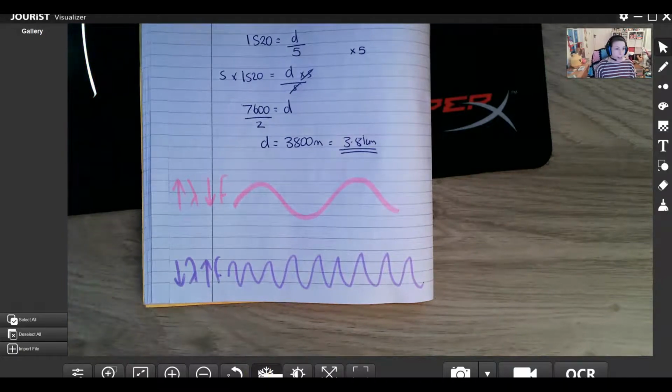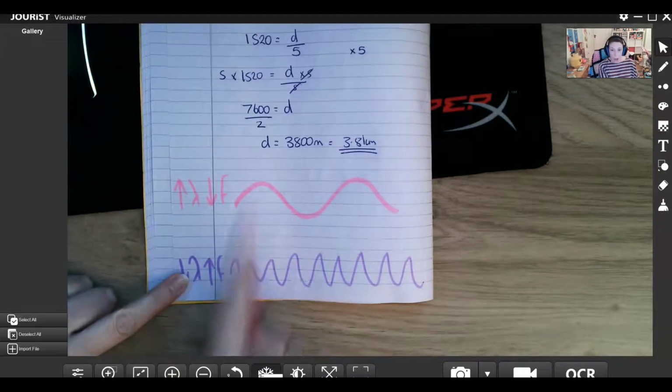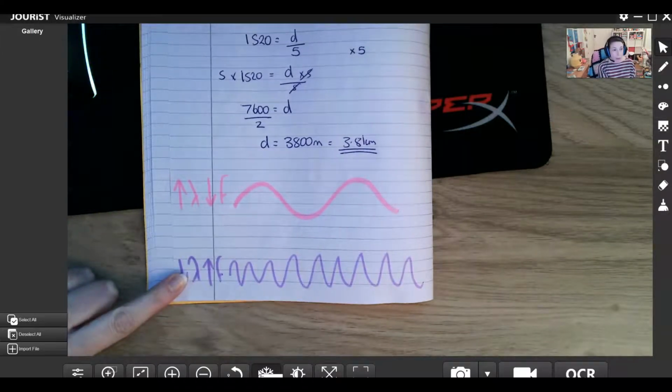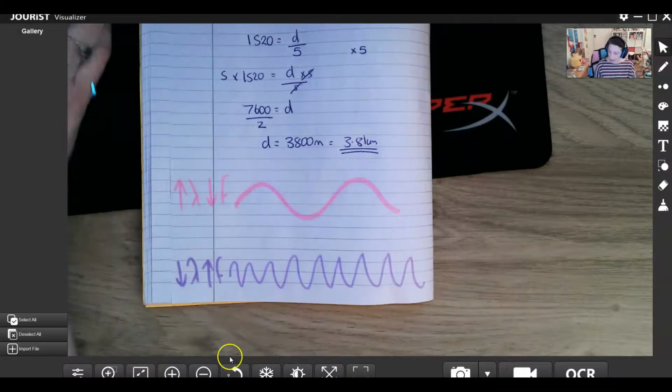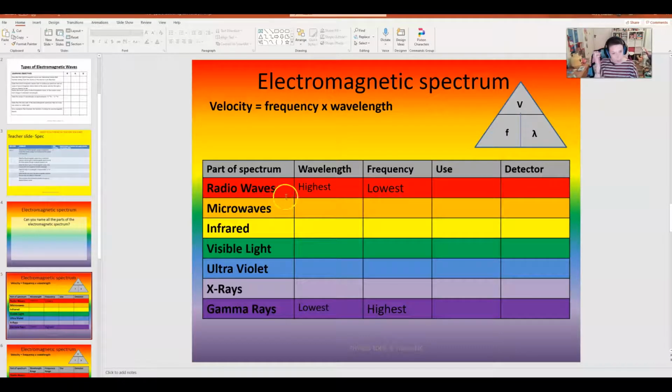So the electromagnetic spectrum goes from radio waves to gamma. Okay, long wavelength to short wavelength. The colours of the rainbow are within that too, and red is a long wavelength and then purple is a short wavelength. So that's why I've used those colours here. So radio waves have a long wavelength, gamma rays have a small wavelength.